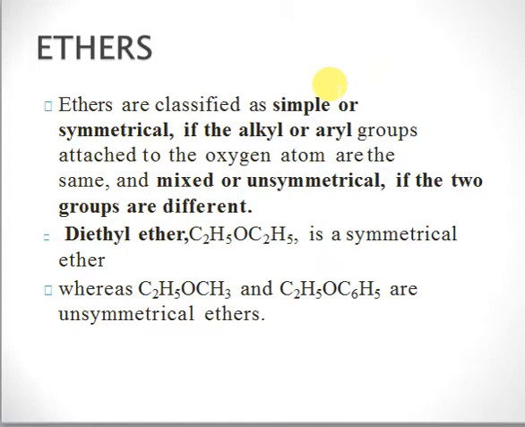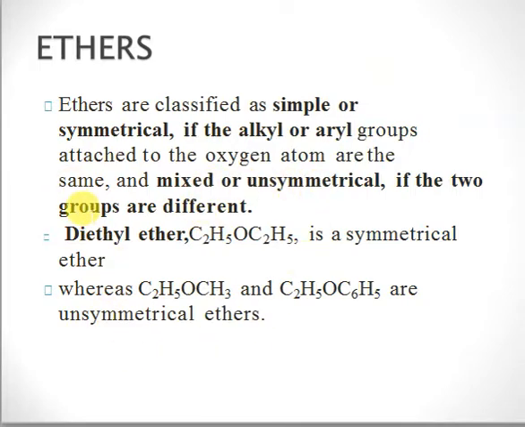For example, suppose we have two methyl groups attached to the oxygen. If both groups are the same, then this is a symmetrical ether, also called a simple ether. However, if one group is ethyl and another group is methyl, since the groups are different, the ether will be called a mixed or unsymmetrical ether.